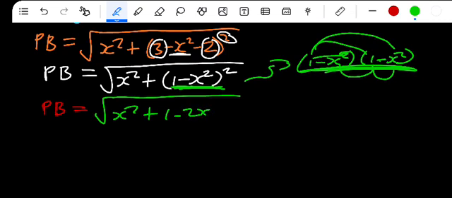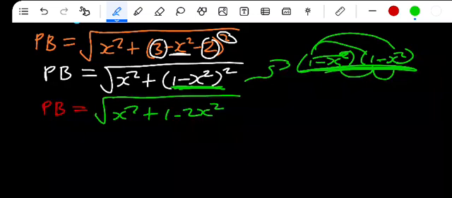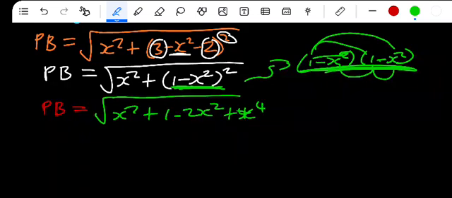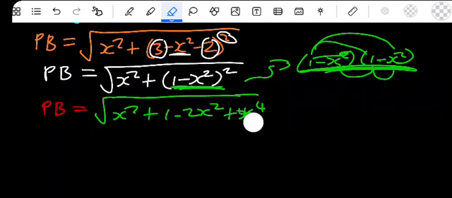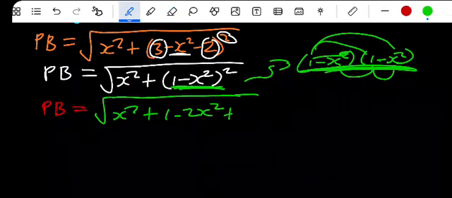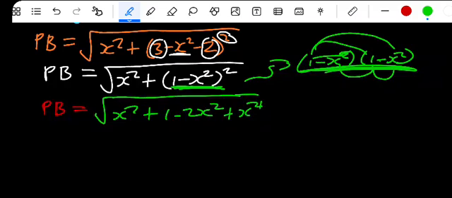You'll have 2x squared plus 4 plus x raised to the power 4. There, as you are doing what you are doing there, x raised to the power 4, just FOIL there. Still have PP, square root.